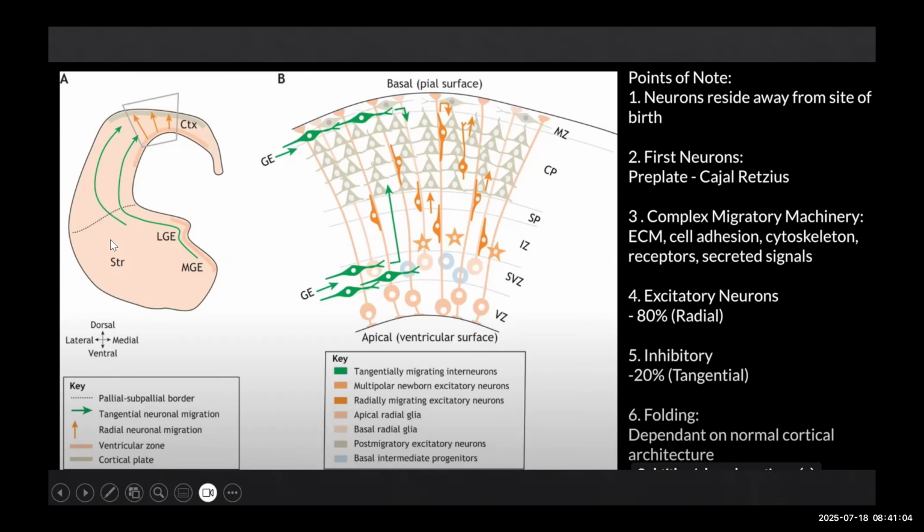However, the cells which are residing in the ventral part, the ganglionic eminence, lateral and medial, they are the GABAergic neurons, the inhibitory neurons, which travel in a tangential way, and after reaching there, they go in a radial fashion. This is what is depicted here. Cells go in a tangential way, reach the subventricular zone, and then take a radial migration.